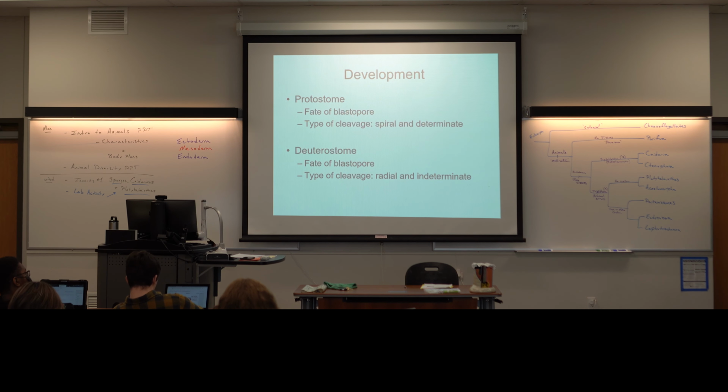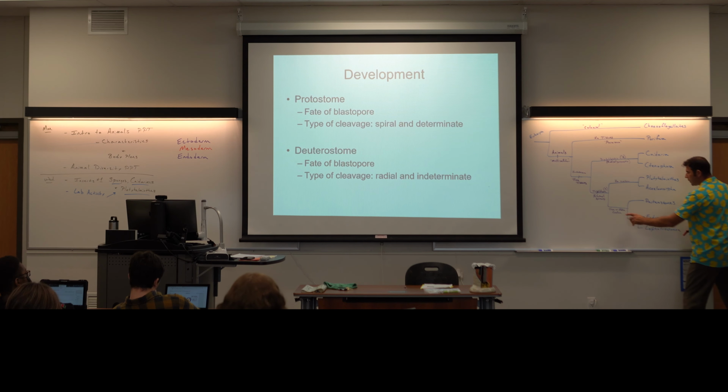You can see this term protostome is on the board. You can think of that term as describing these last two groups, Ecdysozoa and Lophotrochozoans. These are weird terms that we'll describe, but they are formally known as the group Protostomes.